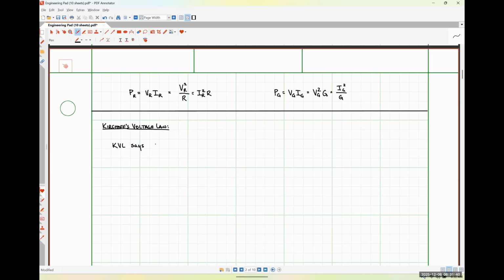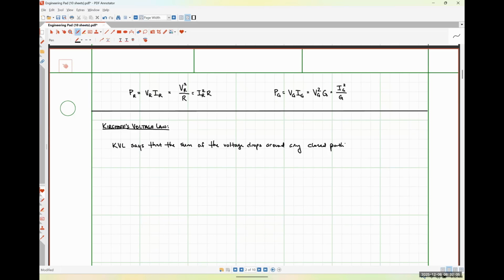So Kirchhoff's voltage law, or KVL, says that the sum of the voltage drops around any closed path.